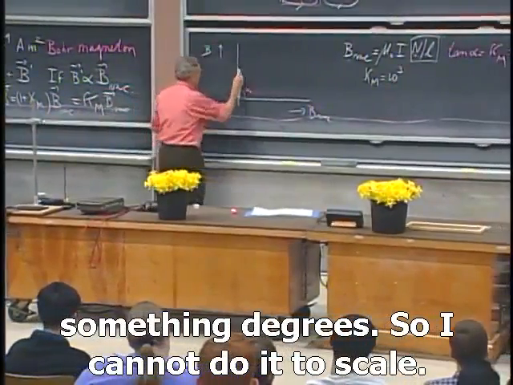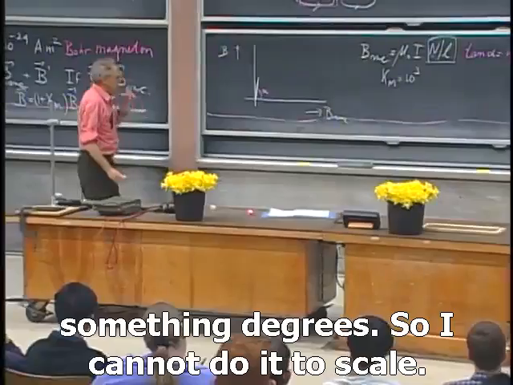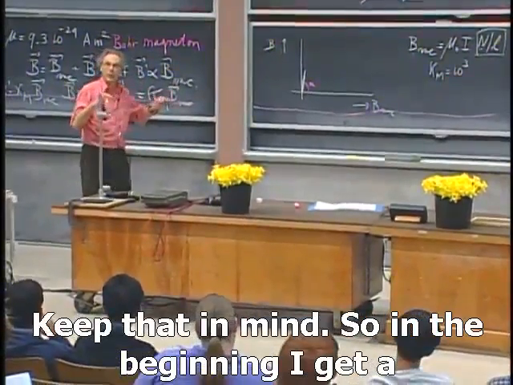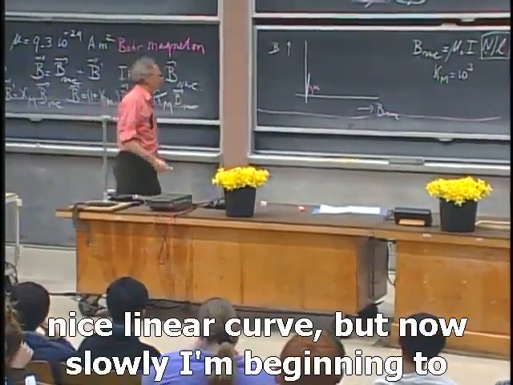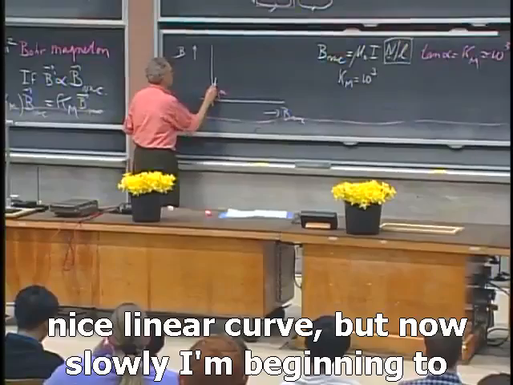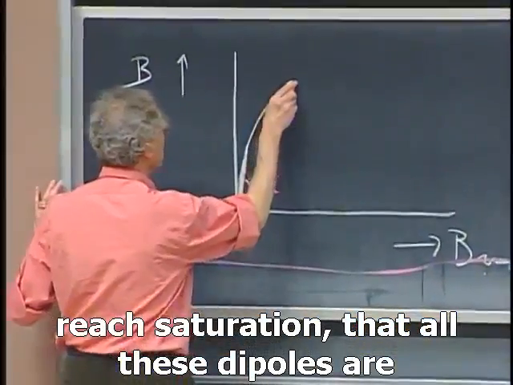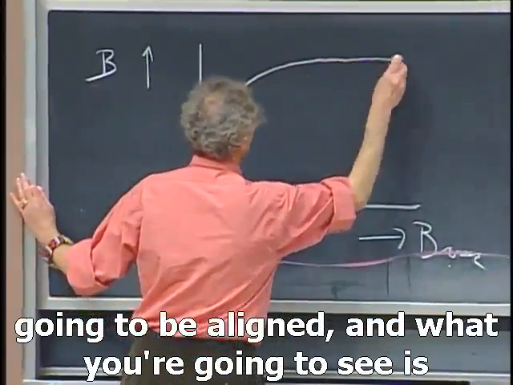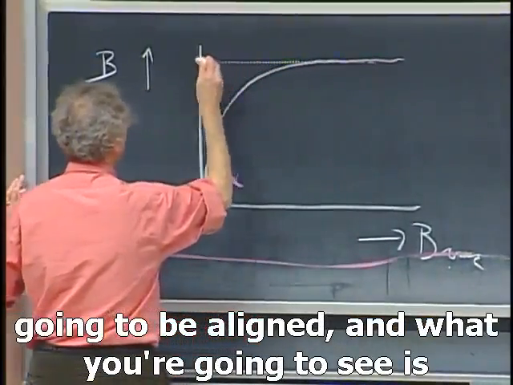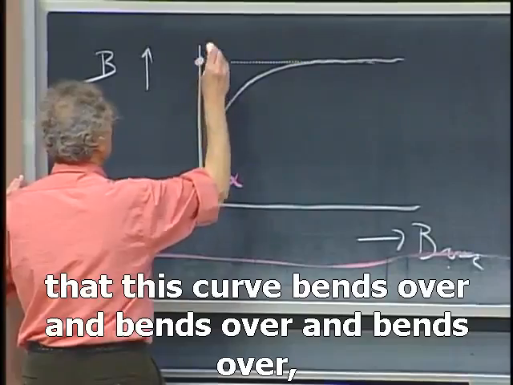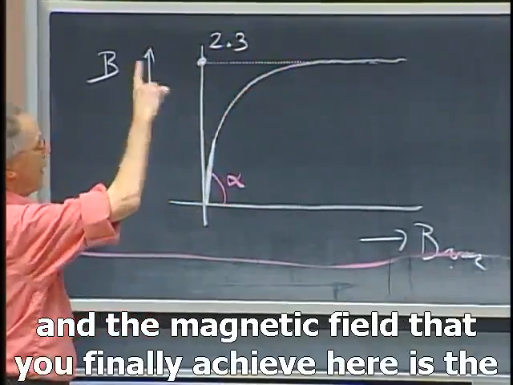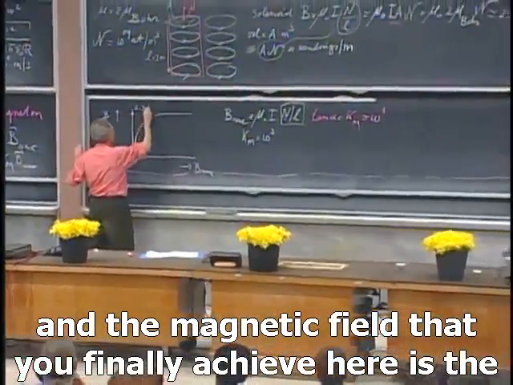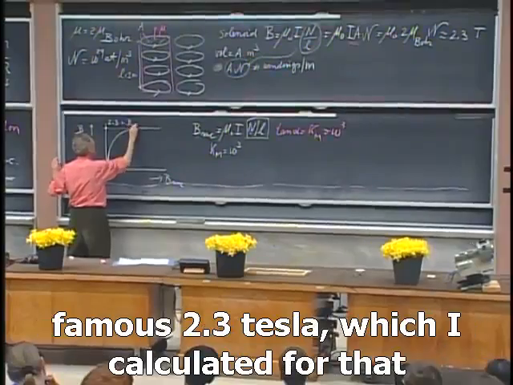So in the beginning I get a nice linear curve, but now slowly I'm beginning to reach saturation, that all these dipoles are going to be aligned, and what you're going to see is that this curve bends over and bends over and bends over, and the magnetic field that you finally achieve here is the famous 2.3 Tesla, which I calculated for that imaginary material, plus B vacuum.